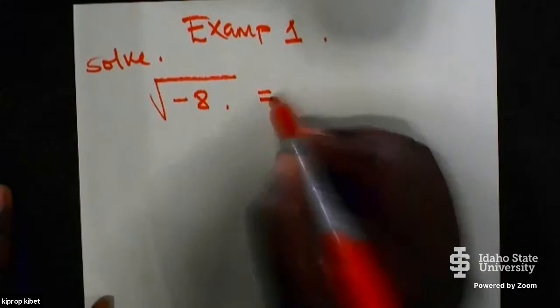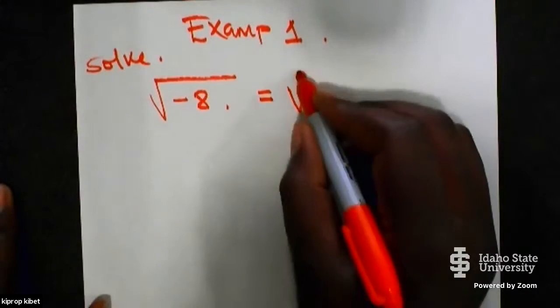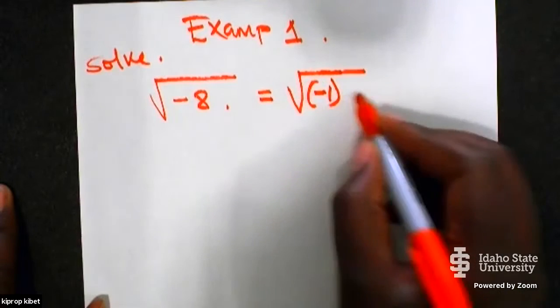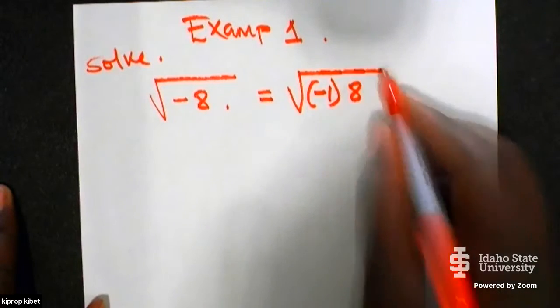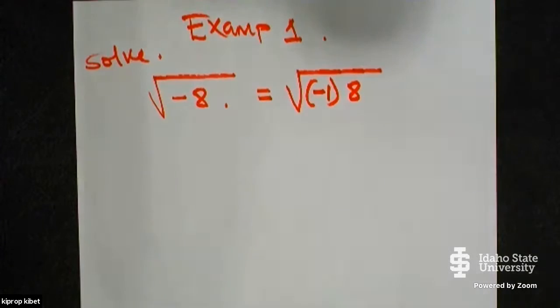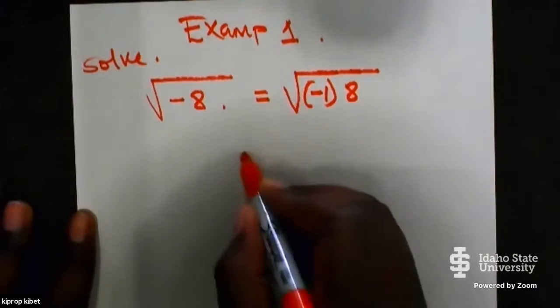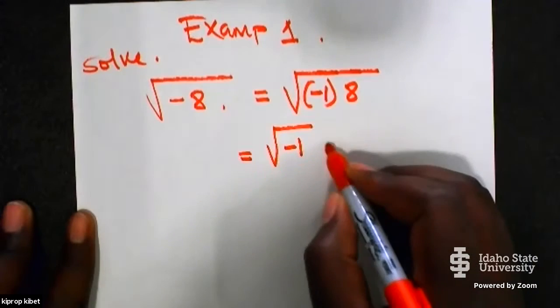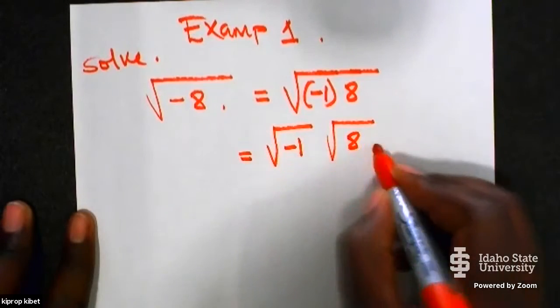So it is equal to the square root of -1 times 8, which is also equal to the square root of -1 times the square root of 8.